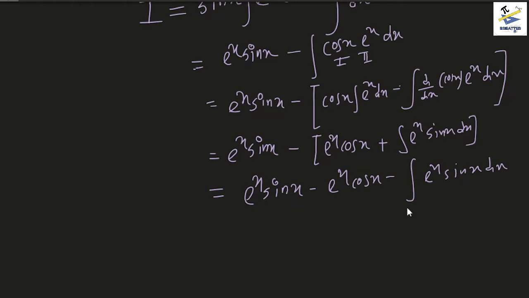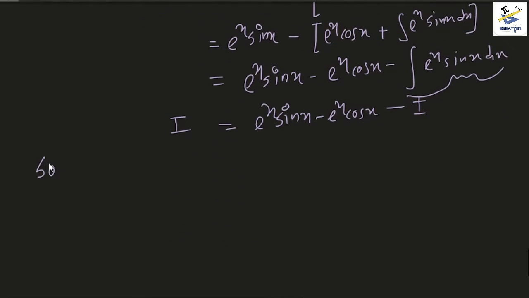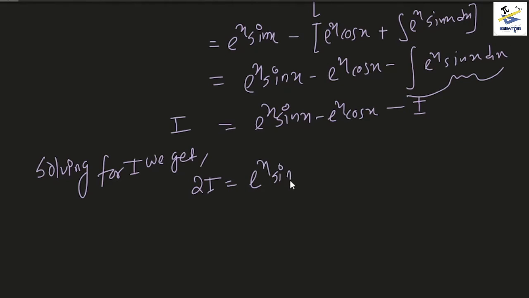But notice that this is the integral that we started with, right? So this is denoted by I, which is a variable. So this becomes e to the power x sin x minus e to the power x cos x minus I, and on the left hand side we have I. So solving for I, what we get is 2I equals e to the power x sin x minus e to the power x cos x.